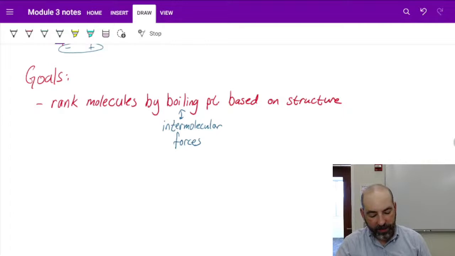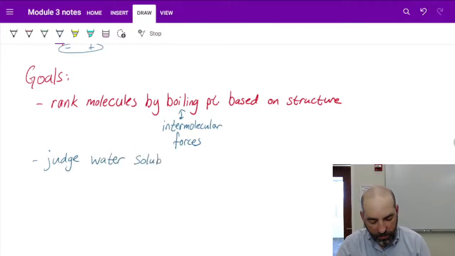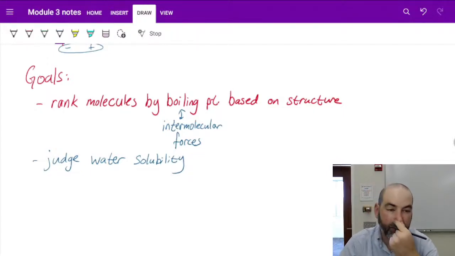What's not quite the same thing is our second goal, which is judge water solubility. The reason that's not the same is because molecules with a high boiling point could be that way because they're very big.